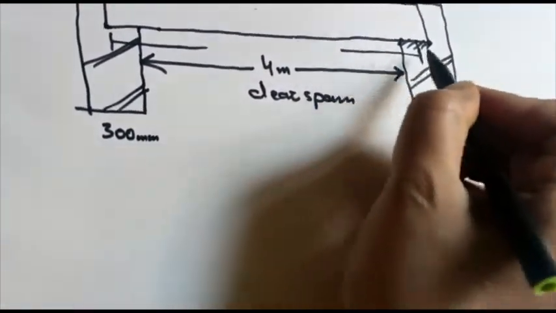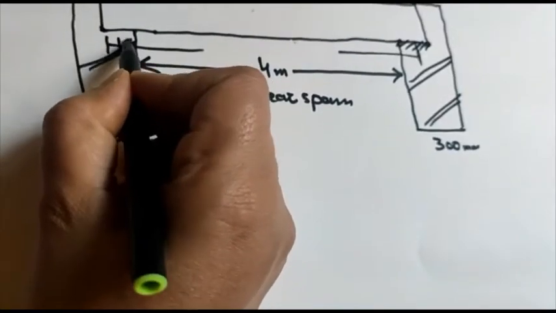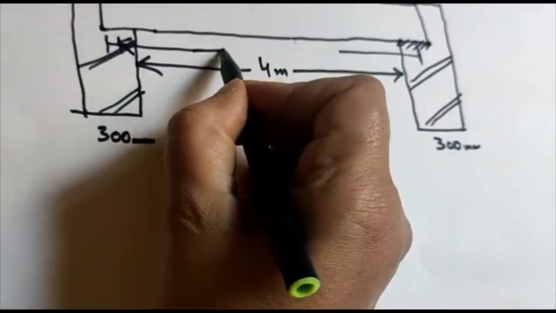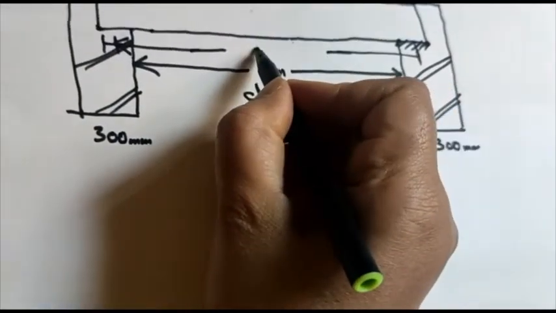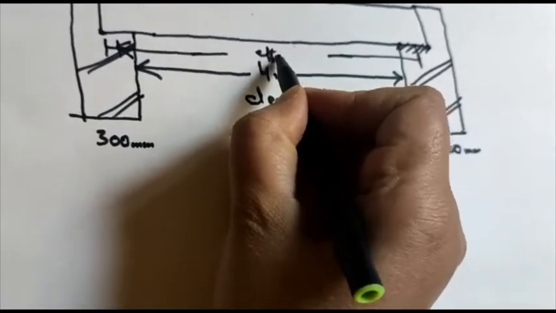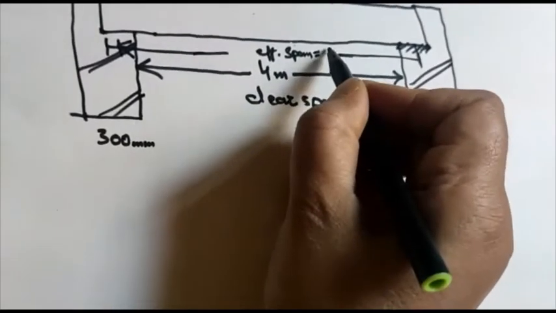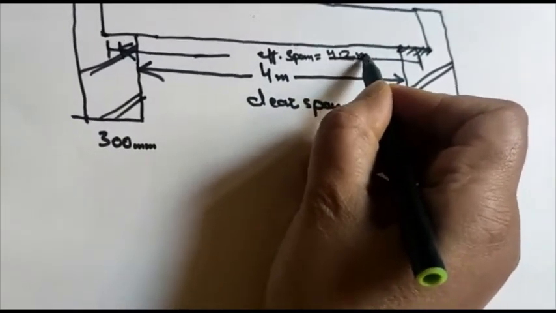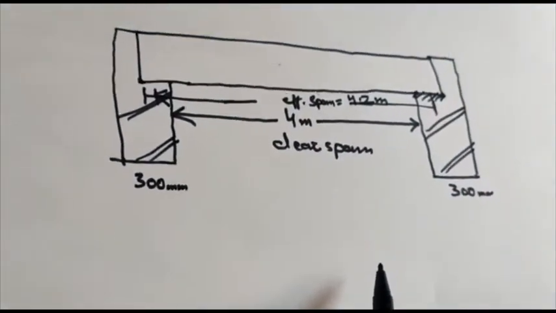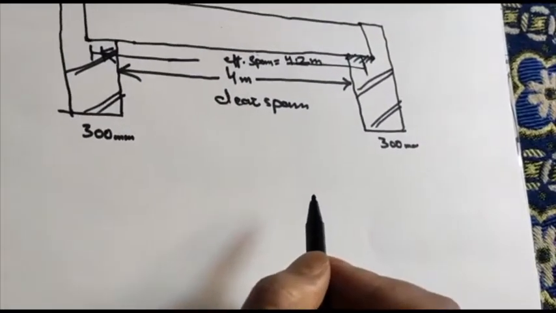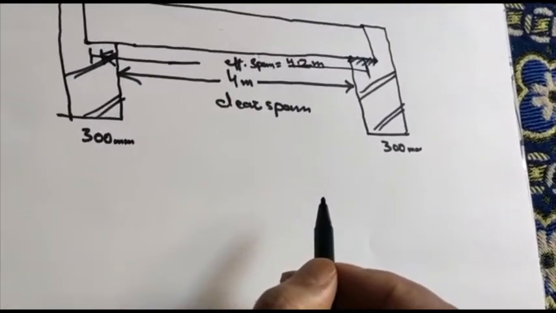Mid of bearing to mid of bearing distance is the effective span, that equals 4.2 meter.